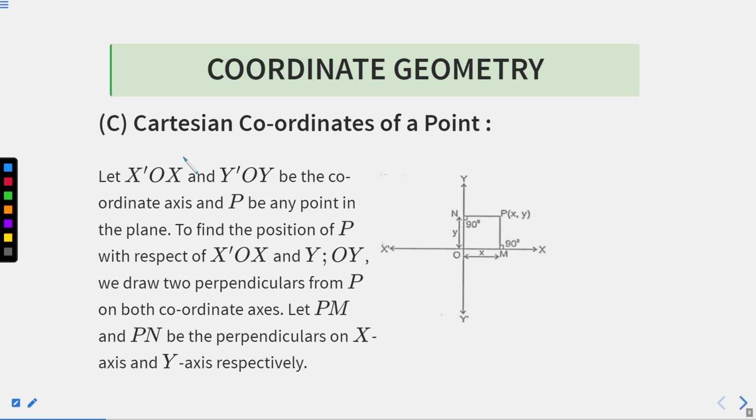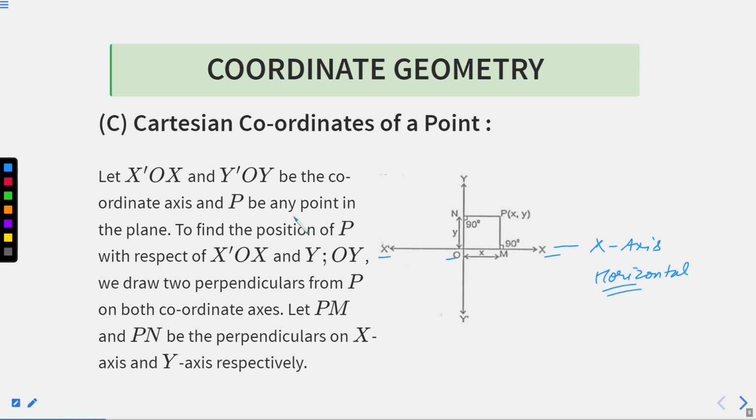Now Cartesian coordinates of a point. I already showed you this, but let's go through it once again to understand better. So this X'OX is our x-axis, or the horizontal line.